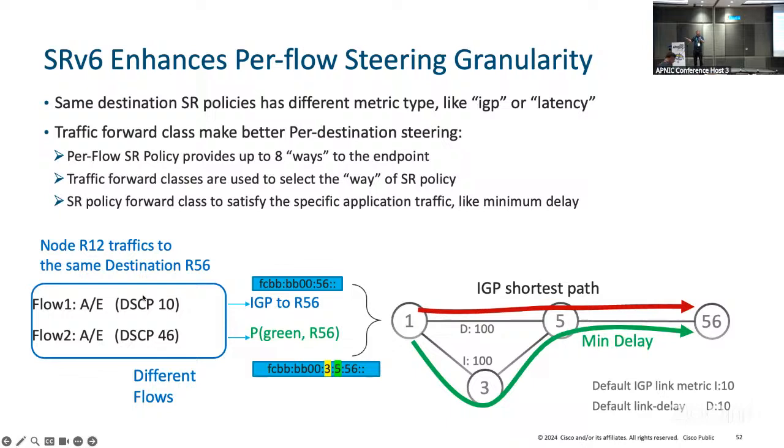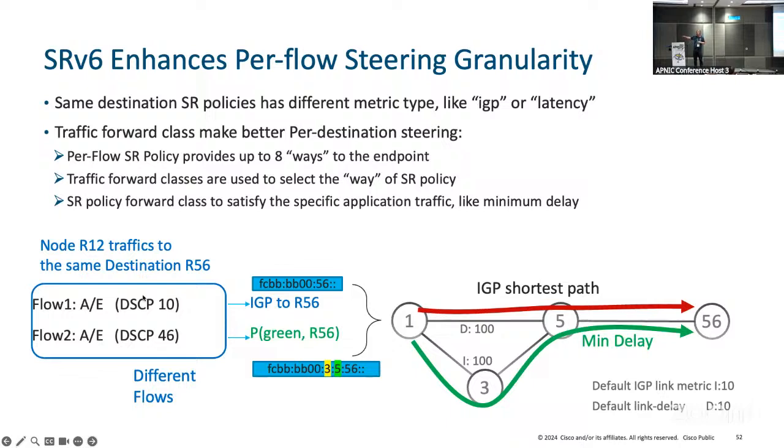Because in the SR policy, we only recognize the forwarding class. So on the ingress side, we can mark the forwarding class, according to the IP header DSCP bits, right? Or access list. Based on that, I can mark my traffic.